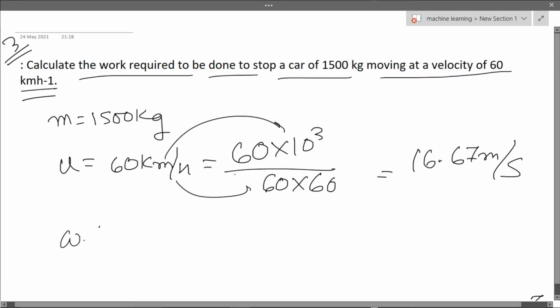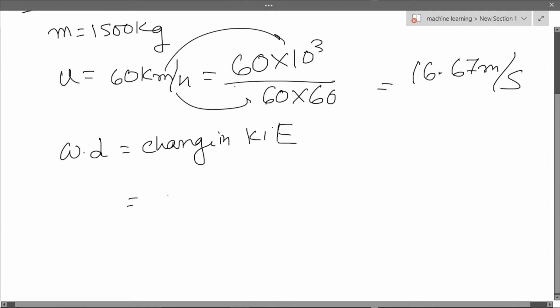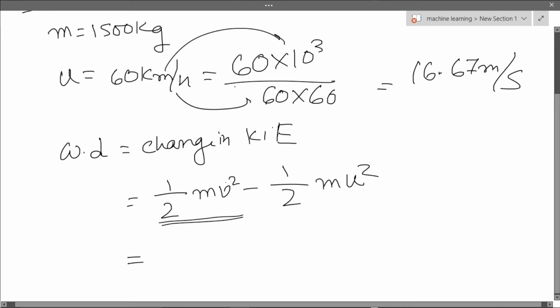Then work done is equal to the change in kinetic energy, which is half m v square minus half m u square. v square is equal to what?